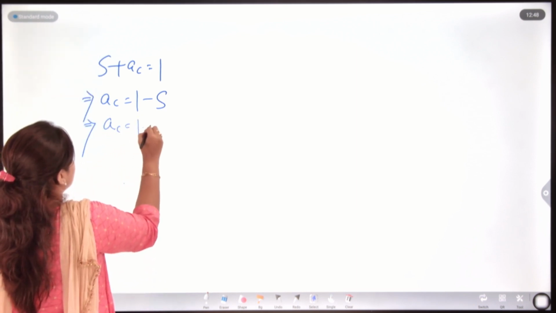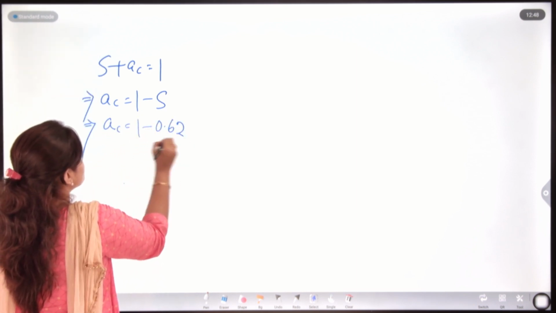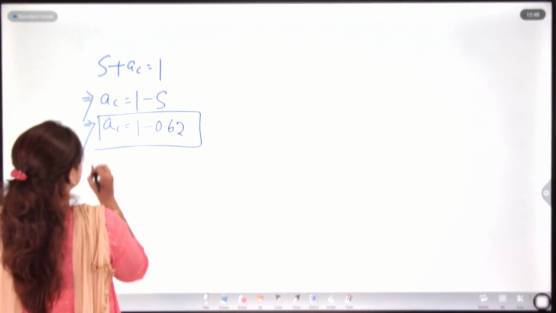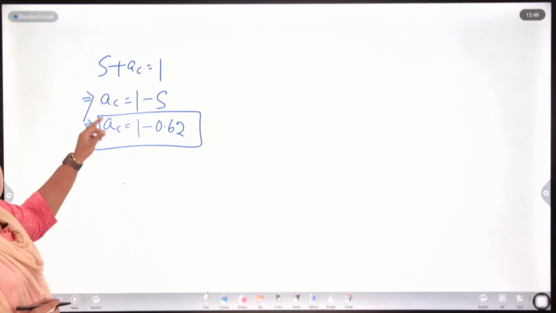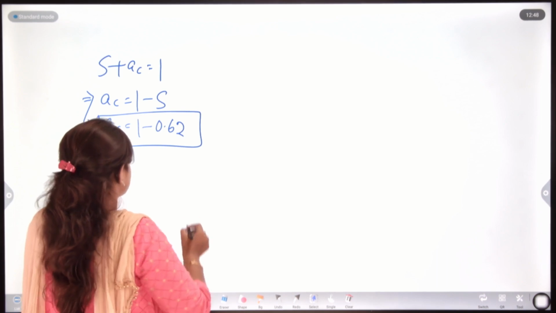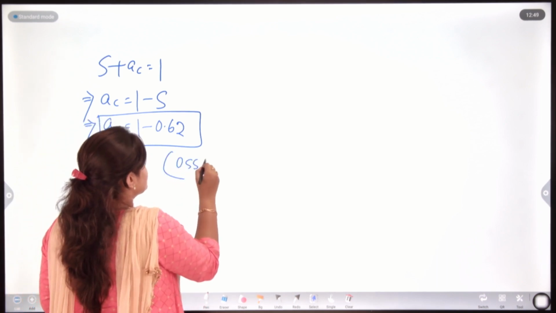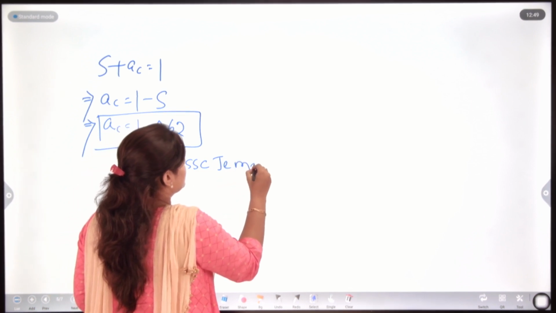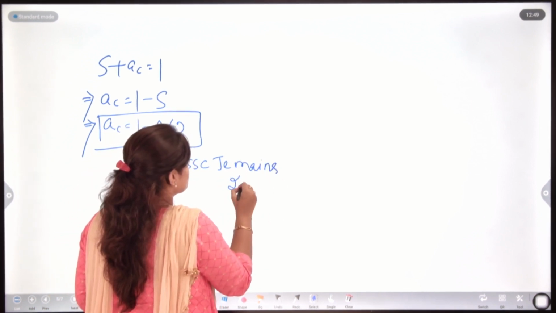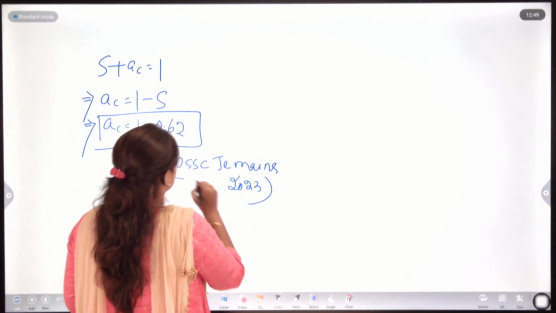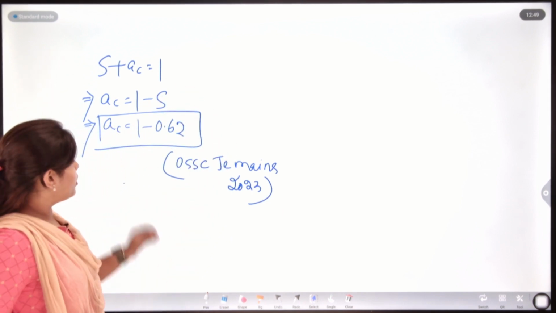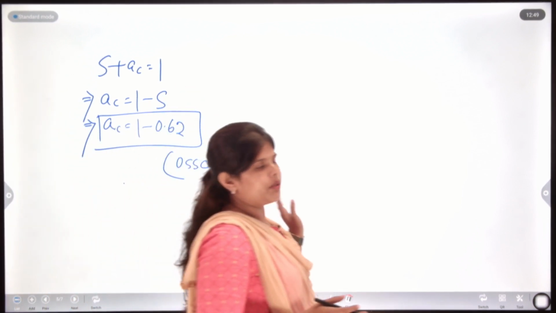AC will be 1 minus 0.62. Okay. This similar numerical came in OSSC JE Mains 2023 with different values, but the same problem.